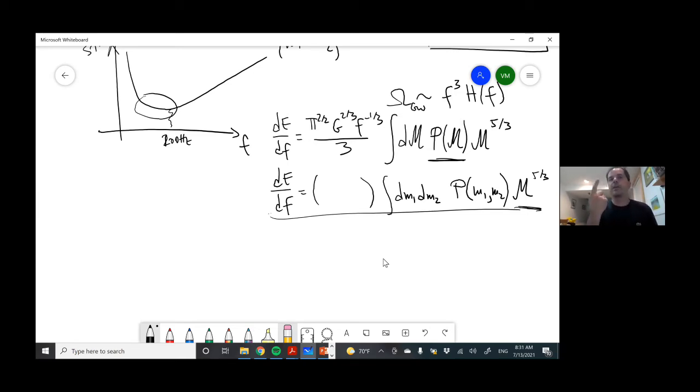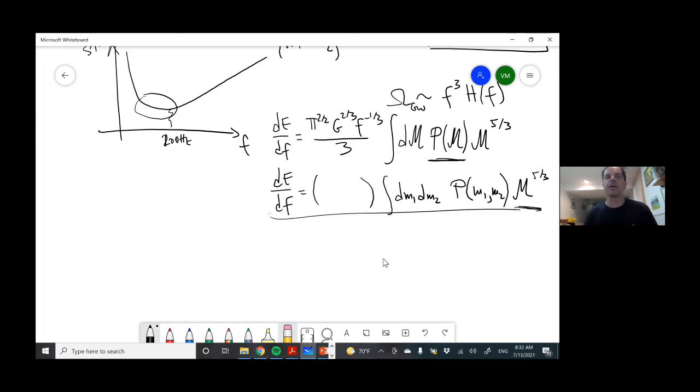Even if you had a single event, you could search for that event with the stochastic background technique, but it would be a very inefficient way of doing it, because you would be combining that one event with a lot of just noise. So it wouldn't be a very good way to do it.